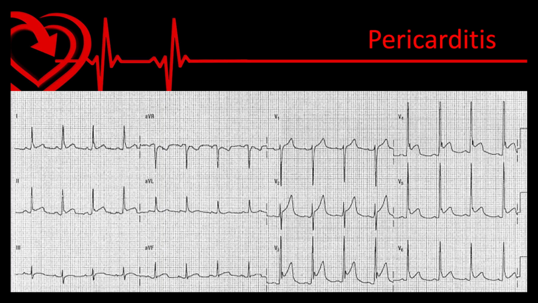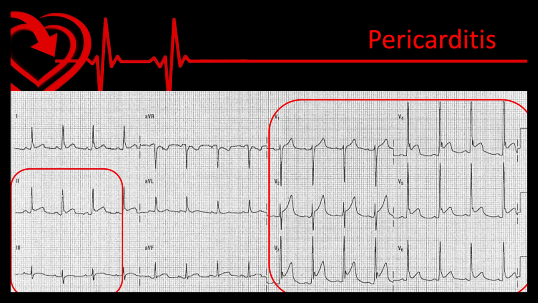Here's an example of pericarditis. You can see that there is ST elevation in a number of places, dramatic ST elevation in V1 through V6 across all of those. And if we look a little further, there's ST elevation in 2 and 3, and even some in AVF perhaps. So this is significant.